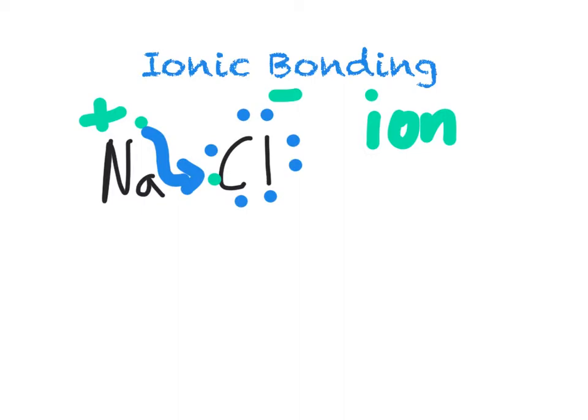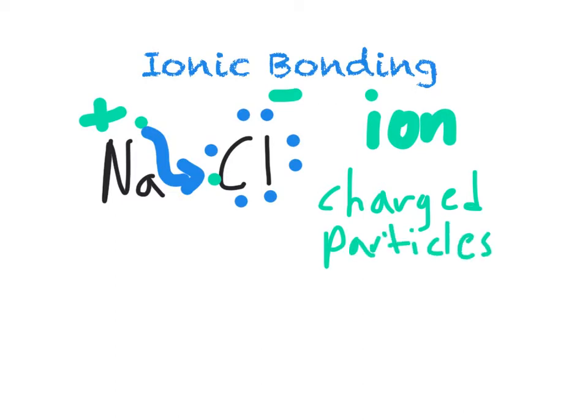And basically what an ion is, ions are charged particles that have more or fewer electrons than protons. The atom that loses electrons is positively charged.